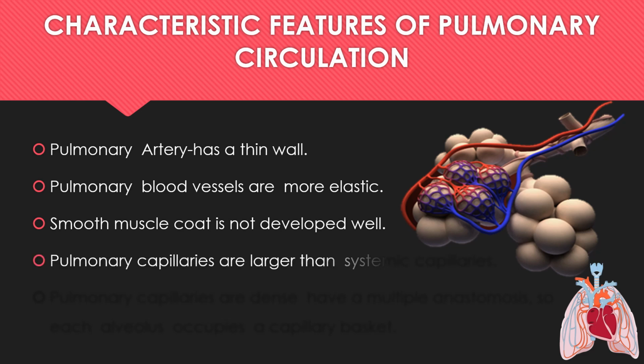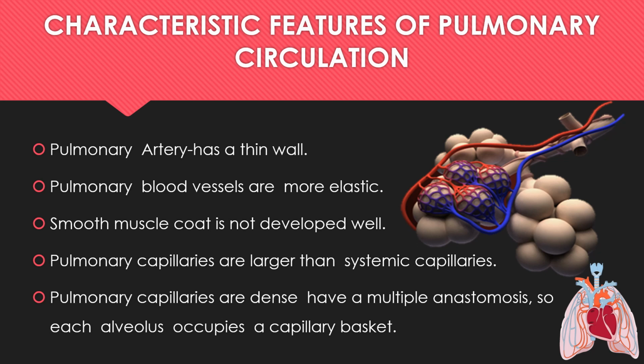Pulmonary capillaries are larger than the systemic capillaries. The capillaries around the lung parenchyma, the alveoli and its branches, have a very good network of capillaries.